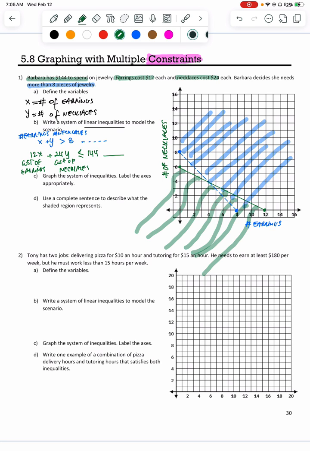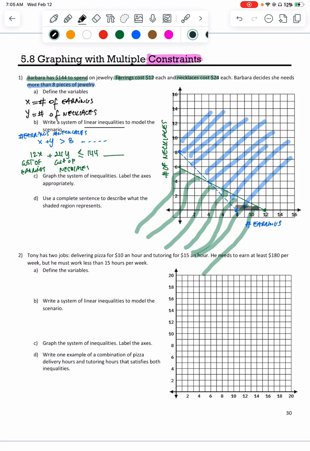So the final answer is going to be where the two of these overlap, and that's going to be this region. Of course, it doesn't go below the x-axis. Just be careful because we don't have negative values. So it's going to be here.